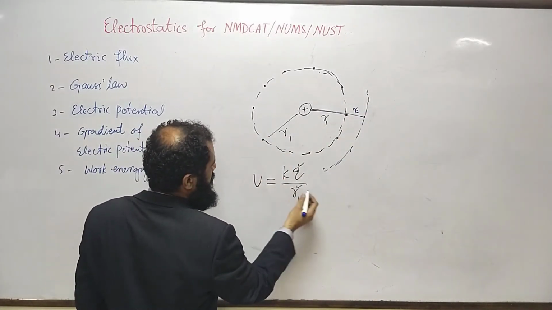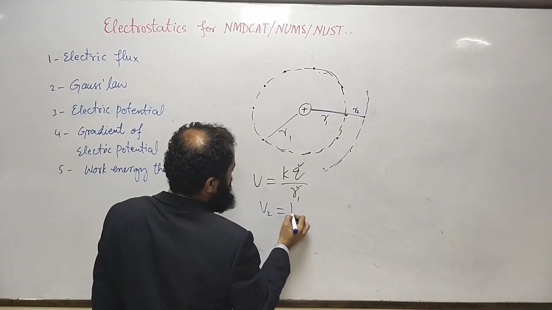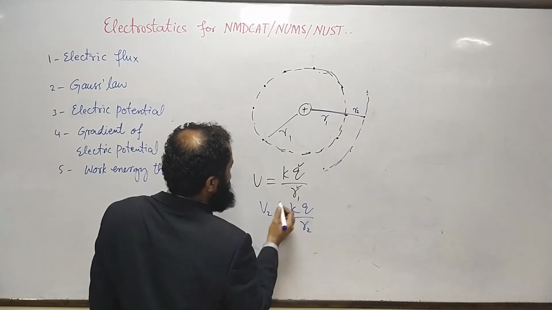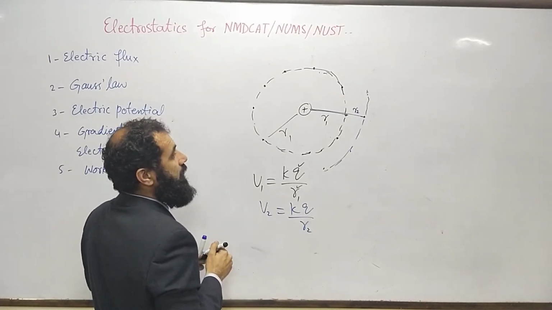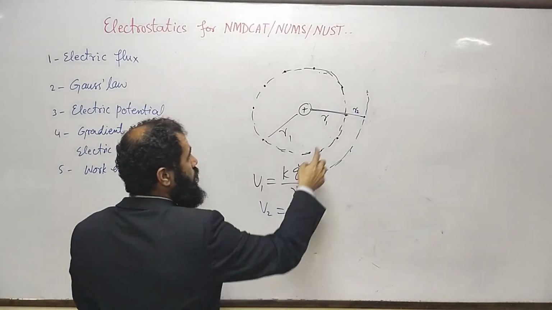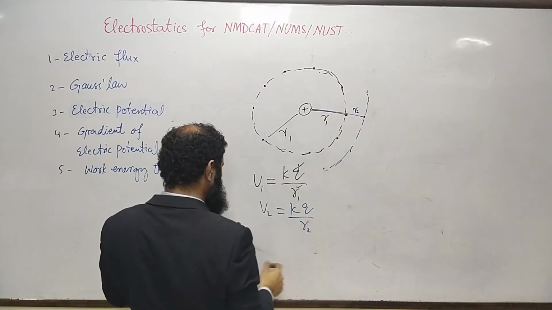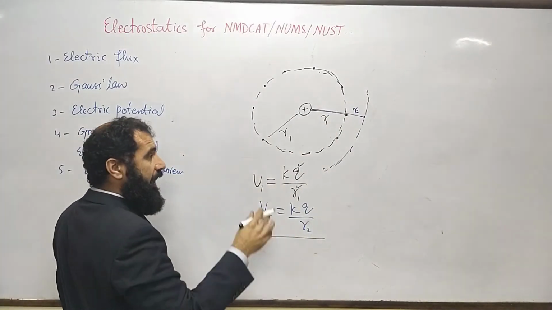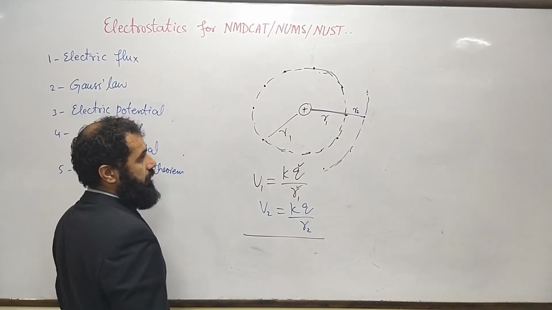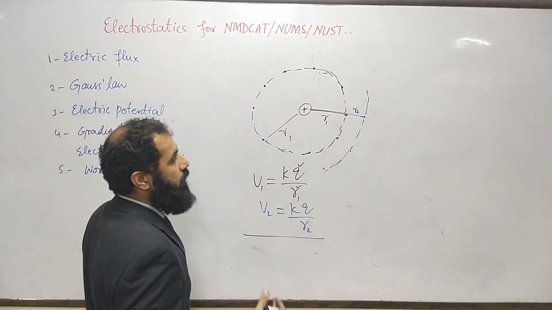So there I would be having some different potential. Why? That is because R is different for that. And if I'm having two different potentials, then I have potential difference. And that potential difference has different meanings.